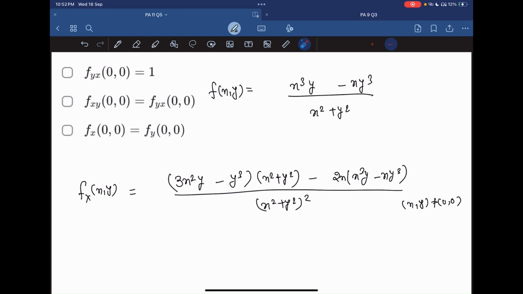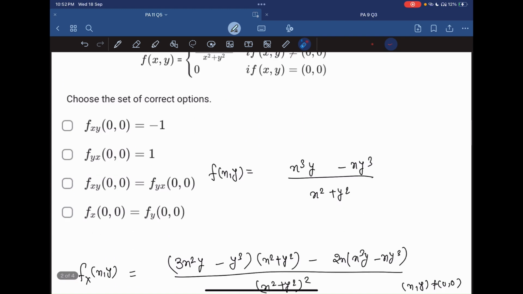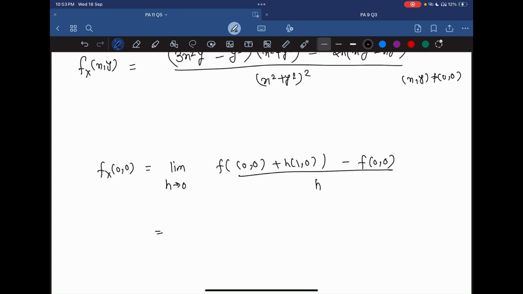Now when xy is equal to 0, because it is a piecewise function, we will go with the limit definition, that is, limit h tends to 0. So fx at (0, 0) is defined as limit h tends to 0 of (f(h, 0) minus f(0, 0)) divided by h.